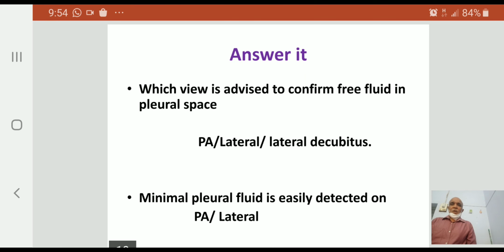So once you suspect effusion, you advise PA and lateral both.